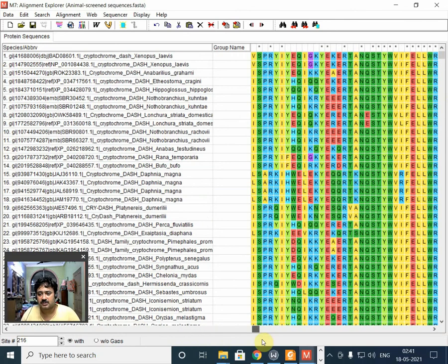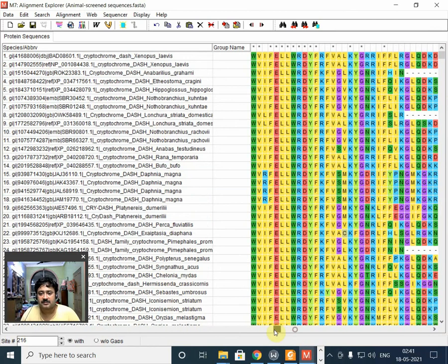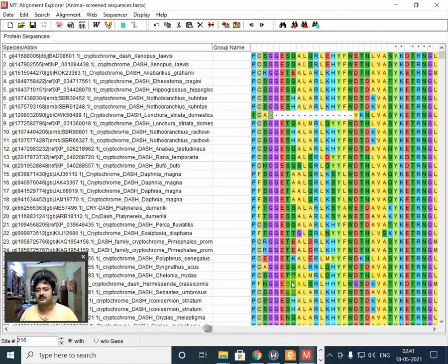This is also present in number 8, so let's keep it like this and go for further analysis, and then we will find out how this particular species looks. Alright, so this is how this particular trimming can be done.